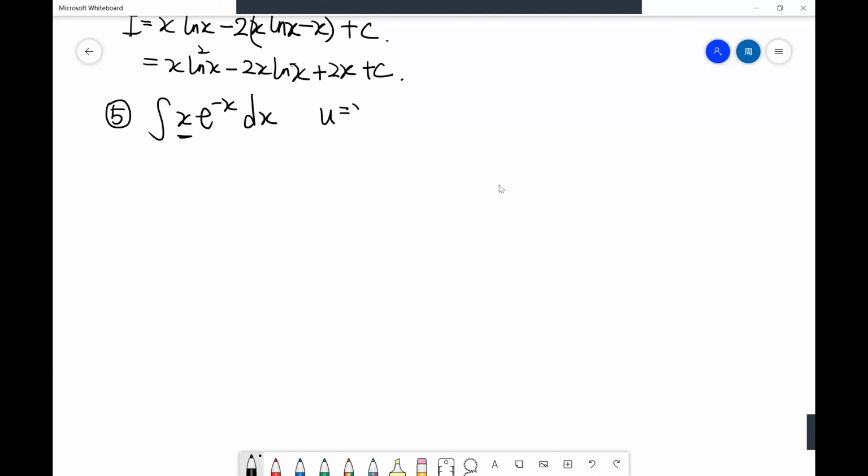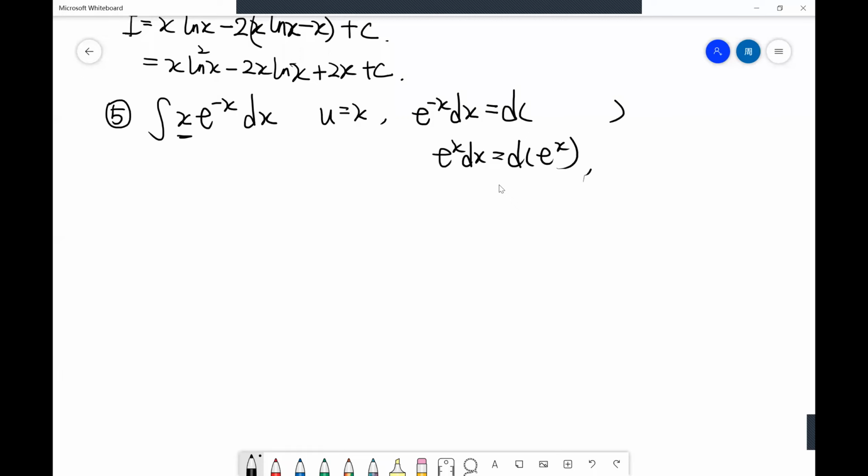So u should be x, but here the question is which is v. So here we should know e to the minus x dx equals d what, right? So here you should remember one thing: as we know, e to the x dx, we all know that equals d e to the x, right?